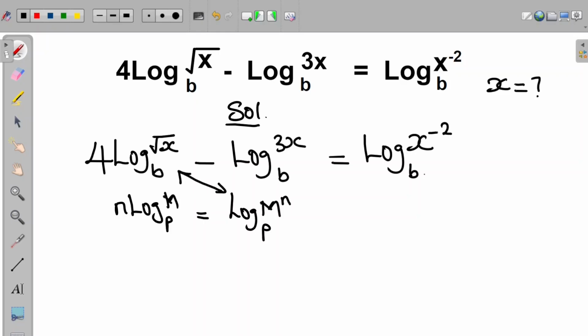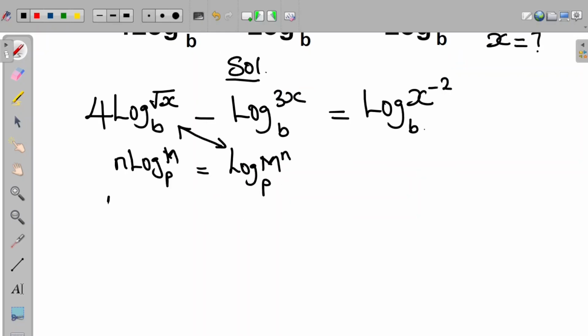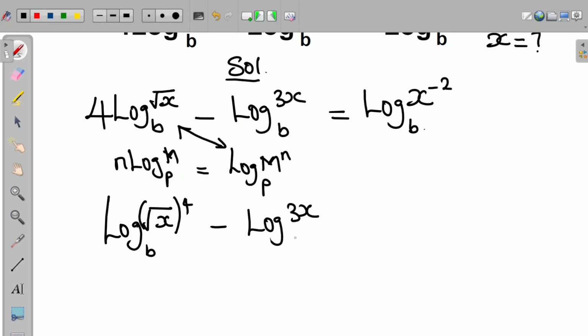So this becomes log root of x all raised to the power of 4 to base b, minus log 3x to base b equal to log x raised to the power of negative 2 to base b.